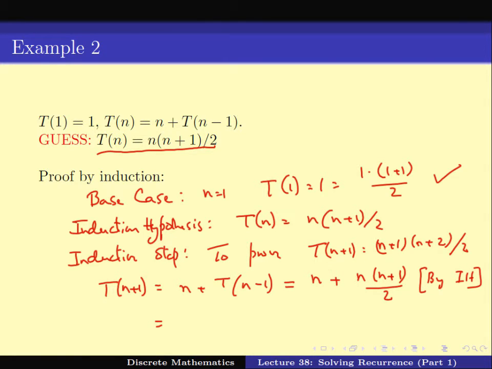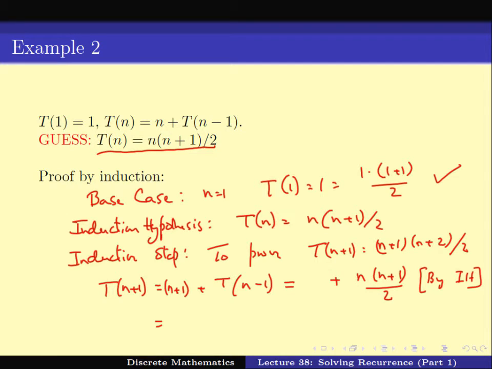sorry, I made a mistake here. This is not n, this should be n plus 1, right?